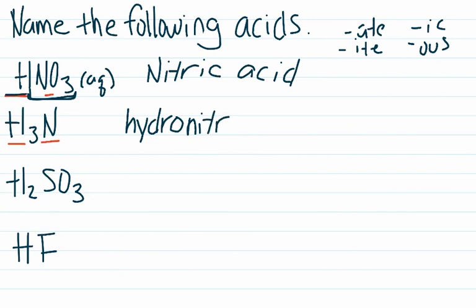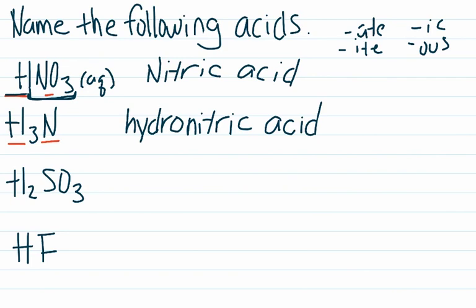And now if it's a non-oxy acid, it always gets an ic ending, so this is hydronitric acid. The difference between nitric acid and hydronitric acid is that nitric acid contains oxygen and hydronitric acid does not.